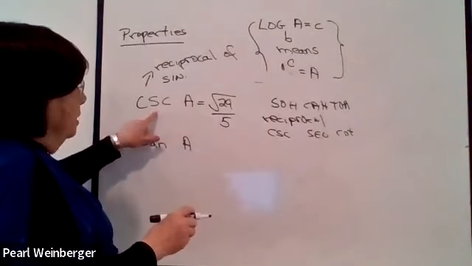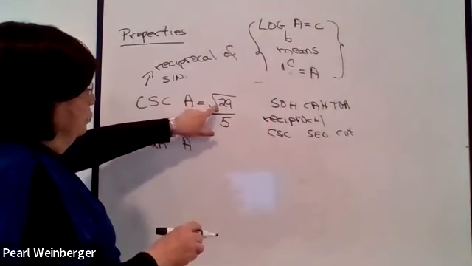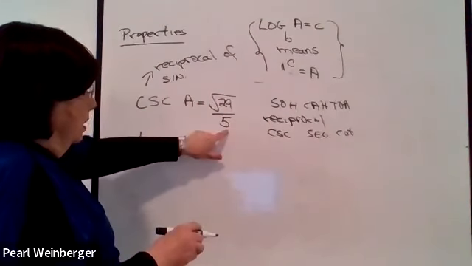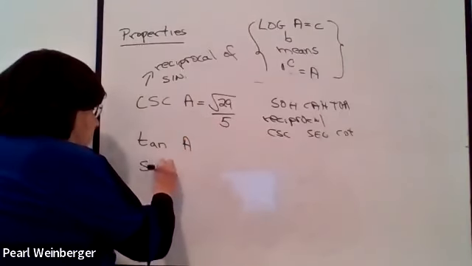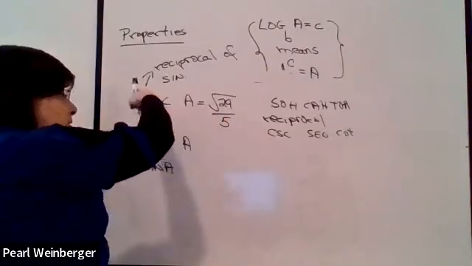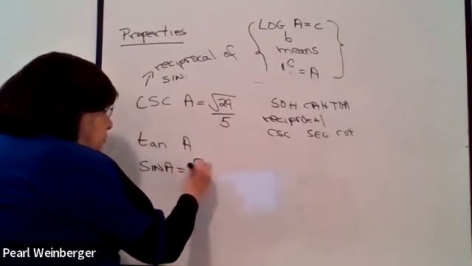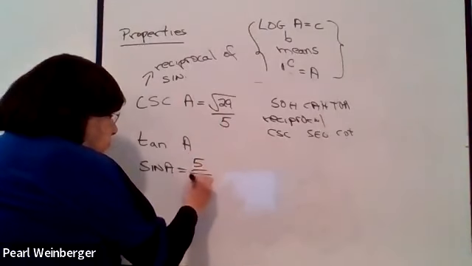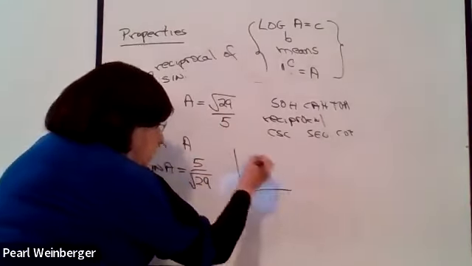So if I tell you that the cosecant of A is the square root of 29 over 5, that's the same thing as saying that the sine of A, because the cosecant is the reciprocal of the sine, is 5 over radical 29. Now let's draw our triangle.